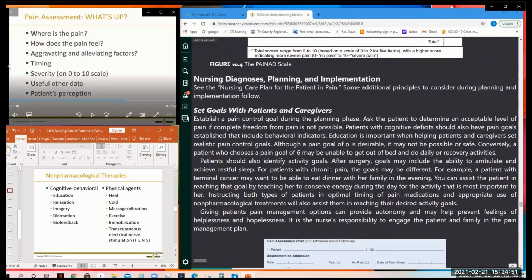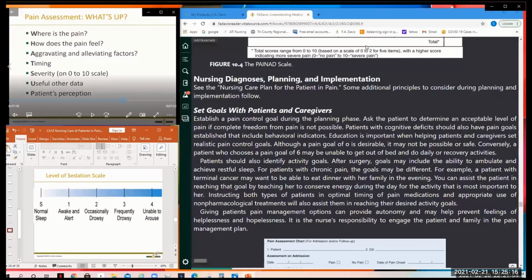Nursing diagnosis, planning, and implementation on page 135. See nursing care plan for the patient in pain. Some additional principles to consider during planning and implementation follow. Set goals with patients and caregivers.